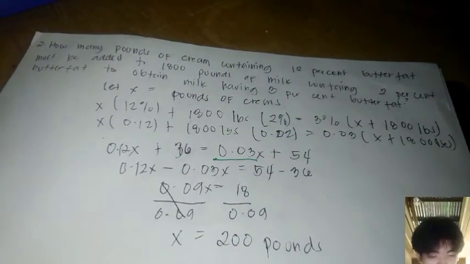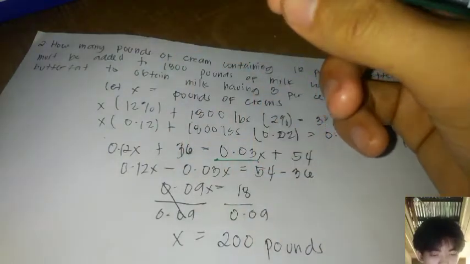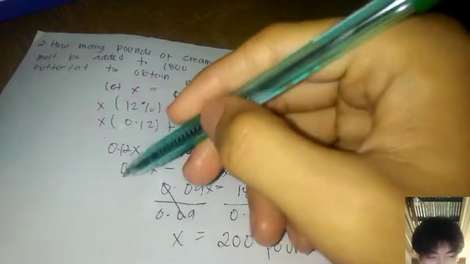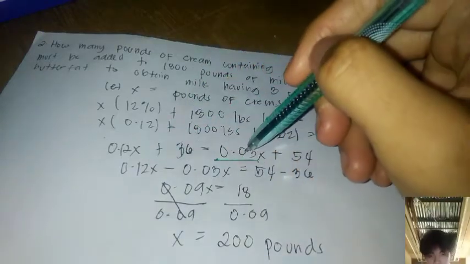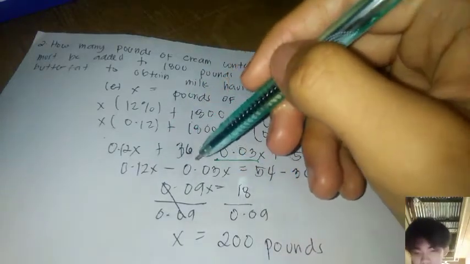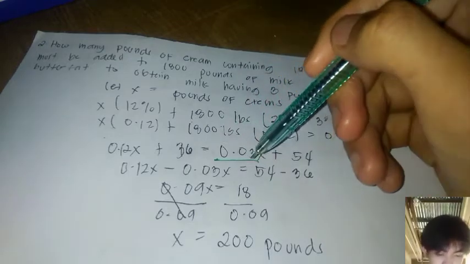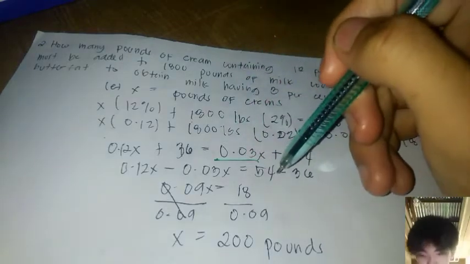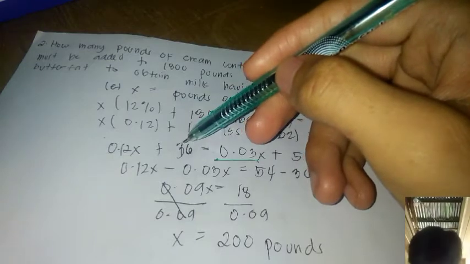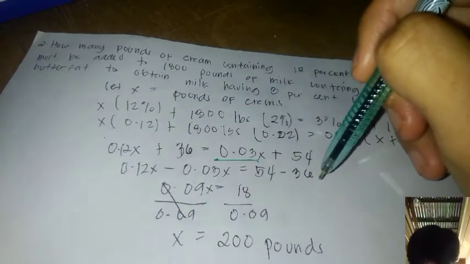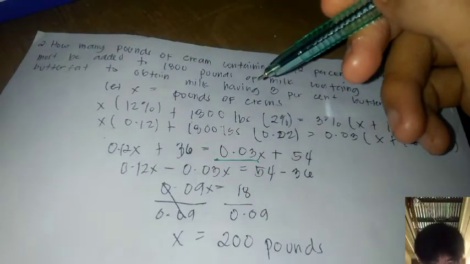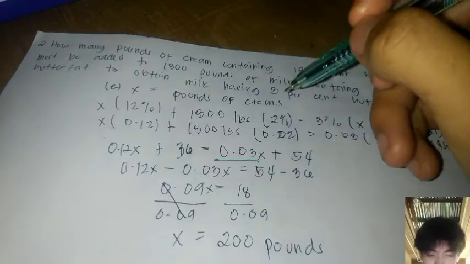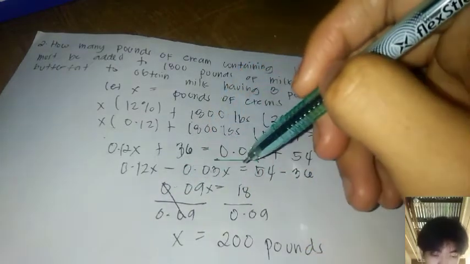And the next thing you need to do is to transpose the like terms. So we have 0.12x, and the positive, let's turn it into negative, so we have negative 0.03x, and then equals, just copy the 54, and let's transpose the positive 36 to the other side, so we have negative 36. Let's subtract the 0.12x and 0.03x, so we have 0.09x.